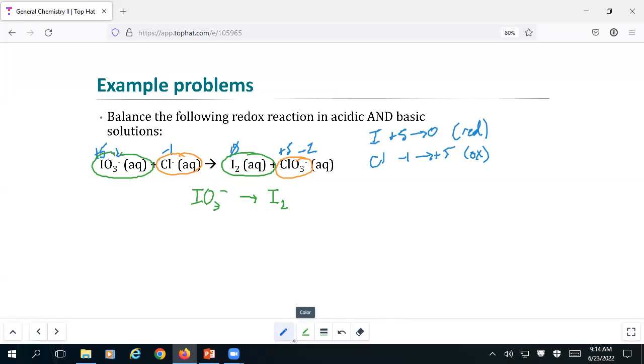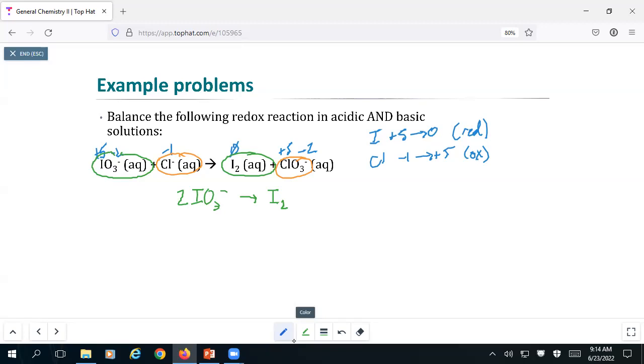First step, I need to balance everything that is not oxygen, that is not hydrogen. In this case, that would be iodine. And I can see that my iodine is out of balance. I have 2 iodines here in the product, but only 1 here in the reactant. So I'm going to need a coefficient of 2 to balance out the iodates, to balance out the iodines.